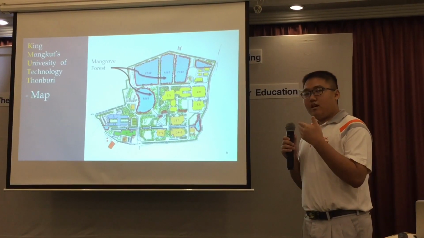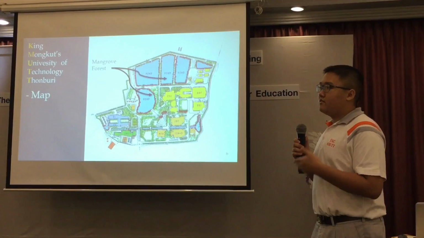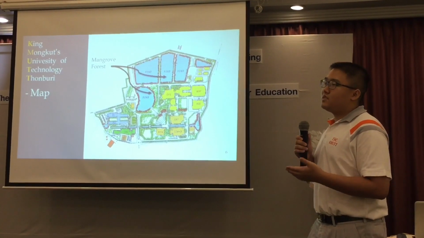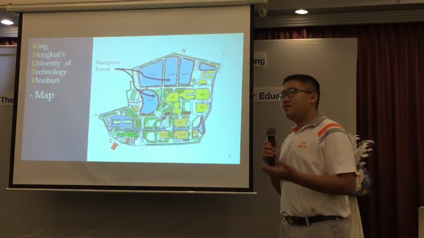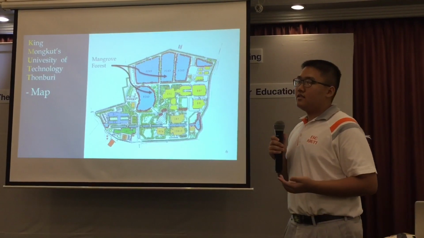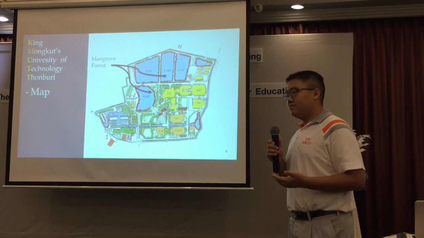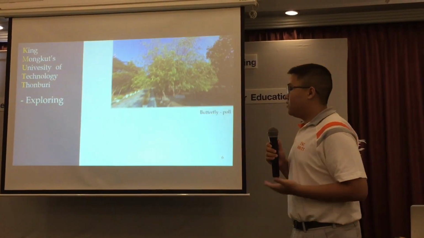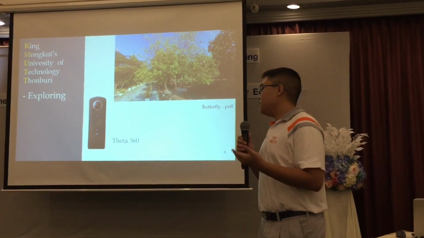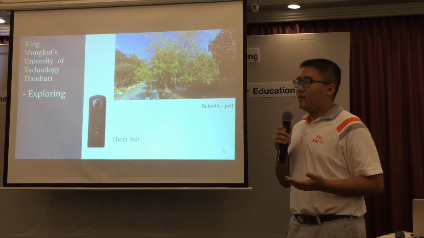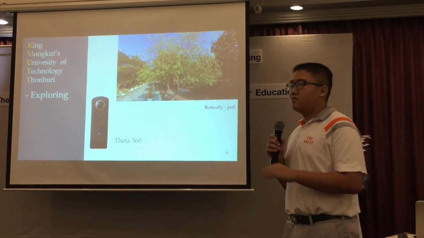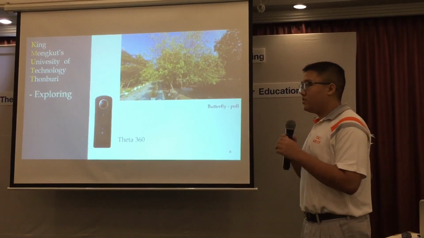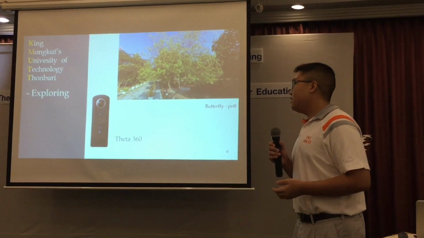We explored around our school campus and gathered information such as the species of plants we found, where they are located, and their characteristics. And we used a Theta 360, a 360-degree camera. We used it to take photos of the surrounding areas and used them to create the game scenes.